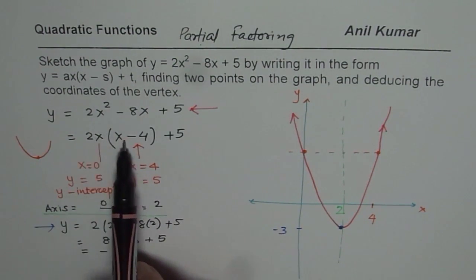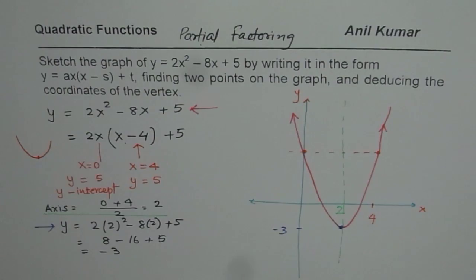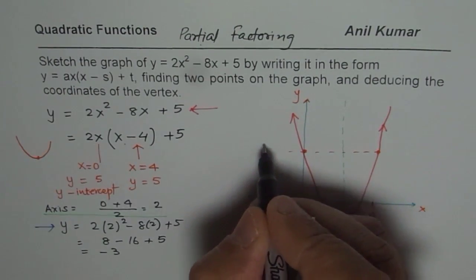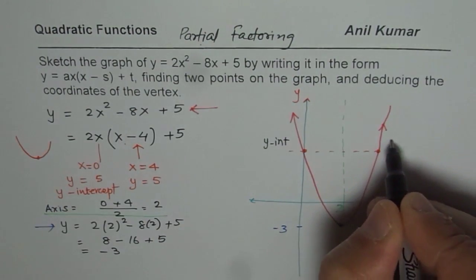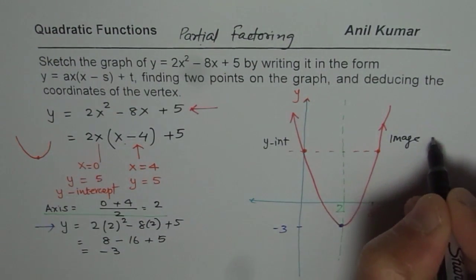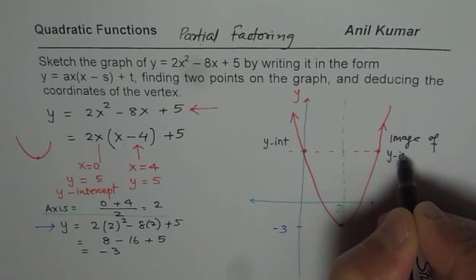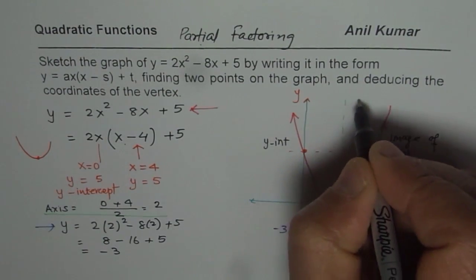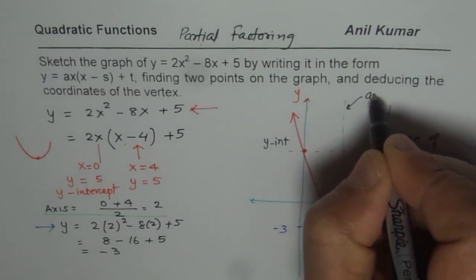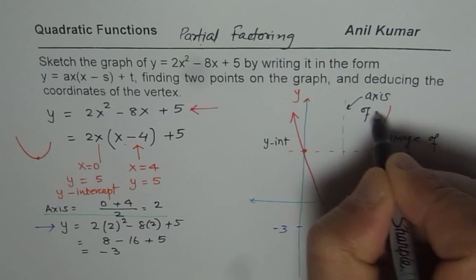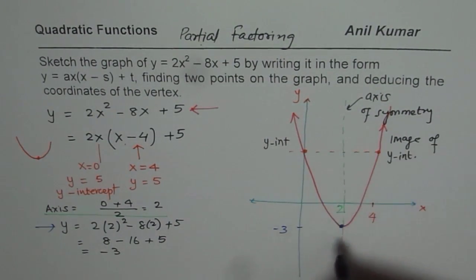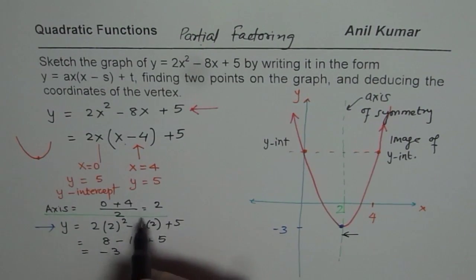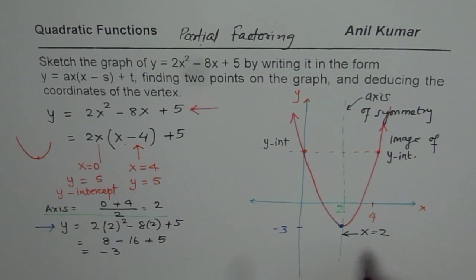Just partial factor, get the y-intercept, and we call this the y-intercept, okay? And that is the image of the y-intercept. And this is our axis of symmetry. In this case, the equation of the axis of symmetry is x equals 2.